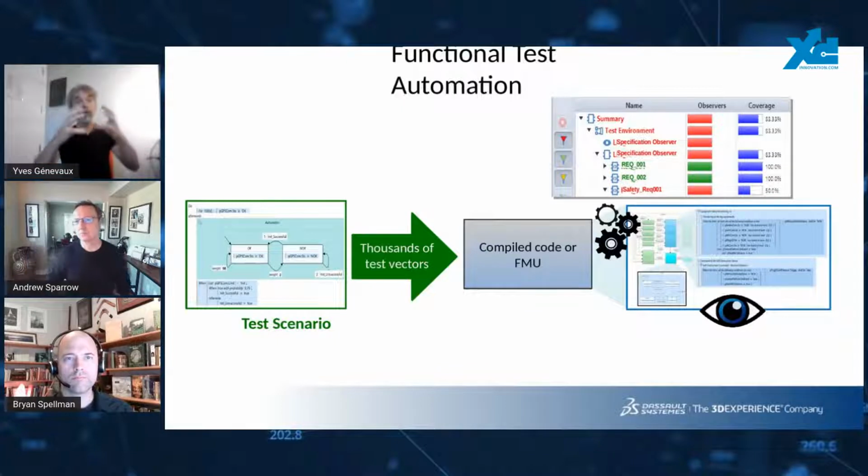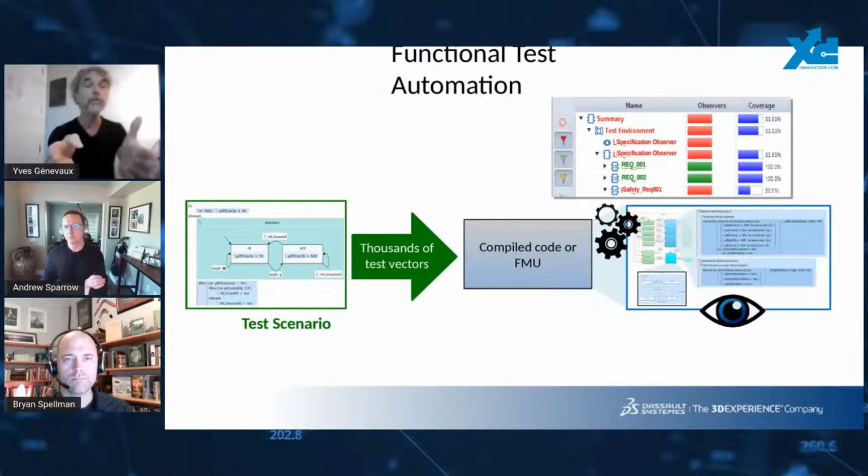So how do you then verify that the implementation meets the spec? You reuse the same mechanism. You replace the spec with the code or a functional mockup unit generated from Control Build, Simulink, SCADE, whatever. And we're going to stimulate the code with the same stimuli as those generated to test the spec.